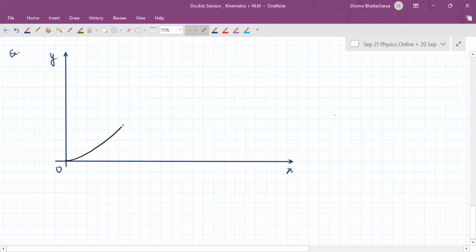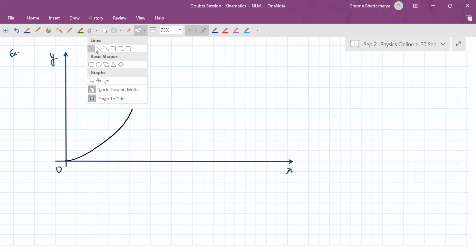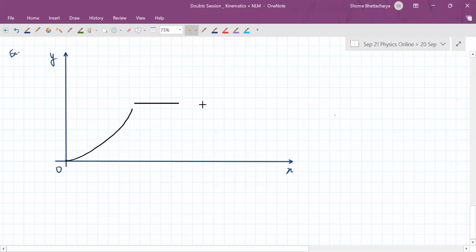It's parabolic in shape, and then eventually becomes a horizontal surface. So this surface, the parabolic part, has an equation which is given to us.